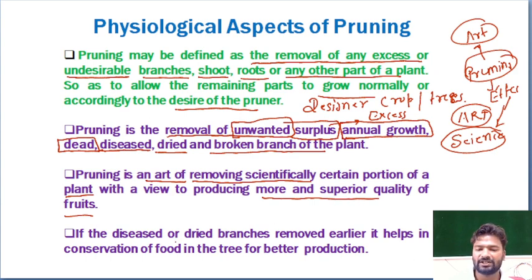If the diseased or dried branches are removed early, it helps in conservation of food in the tree for better production. So what happens when there are a number of diseased branches?